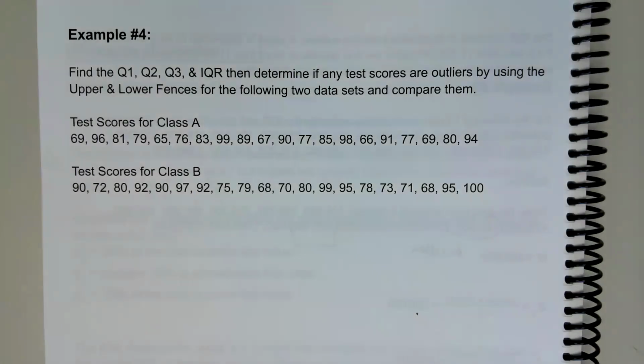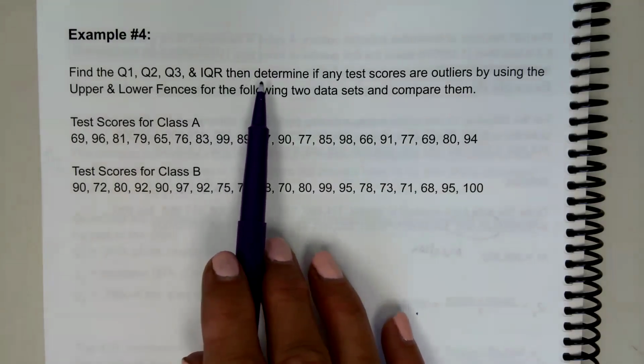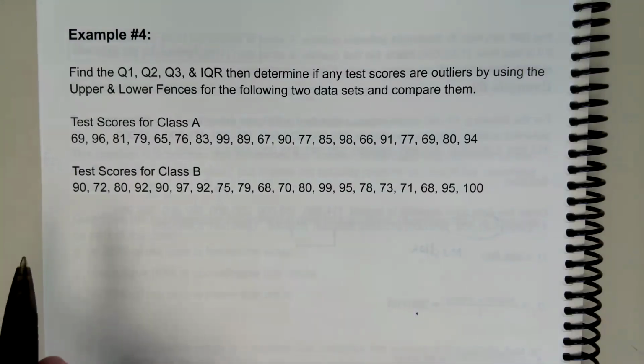Example 4, I'm giving you a chance to try these on your own. I'm asking you to find the Q1, Q2, Q3, and IQR, and then determine if any test scores are outliers by using the upper and lower fences for Class A and Class B. So for Class A, you could rewrite them smallest to largest.